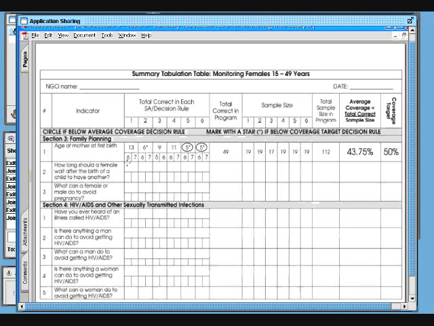The first decision rule corresponds to the average coverage, while the second decision rule corresponds to the coverage target. It is in this way that for each supervision area, 1 through 6, we have two decision rule values. These are the values that will help us to classify which supervision areas are at the highest risk and which ones are not at risk.